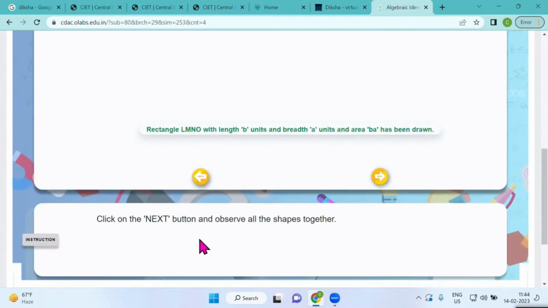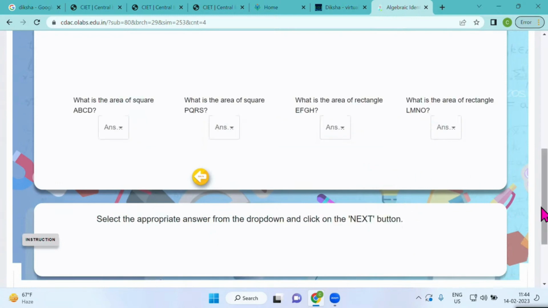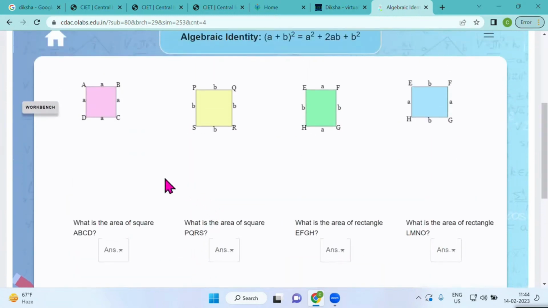Now click on the next button and observe all the shapes together. We can observe that we have four shapes here. The first is the square ABCD, the second is the square PQRS, the third is rectangle EFGH, and the fourth is rectangle LMNO.